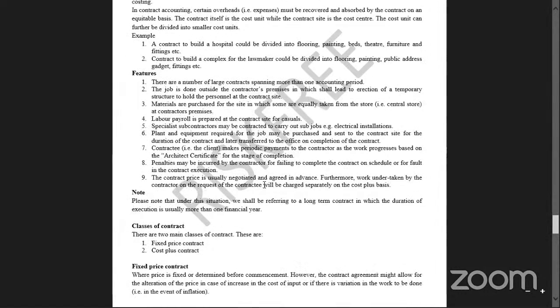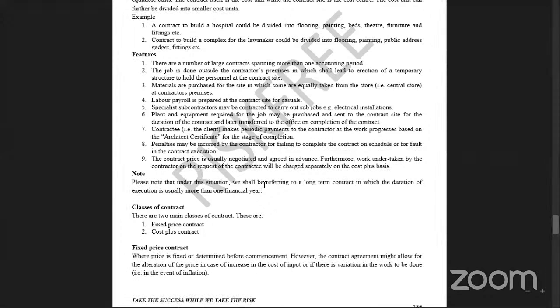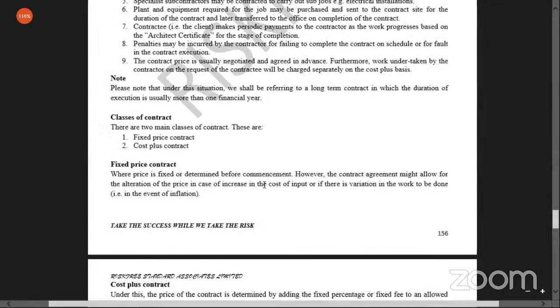With the new standard under IFRS 15, you're going to see more stress points under contract account. But here, please know that this situation shall be referred to as long-term contract, and the contract we'll be looking at in our class has to do with long-term contracts.